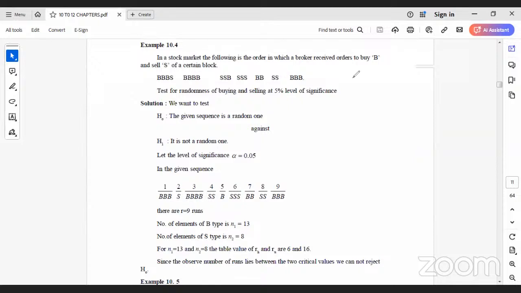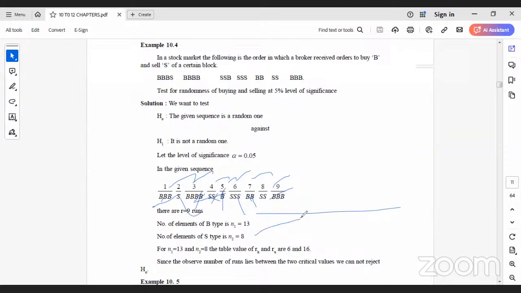So therefore there are 9 runs here: 1, 2, 3, 4, 5, 6, 7, 8, 9 runs. The number of B's is 13. Check here, 13. The number of S's is 8, so the total number is 21.